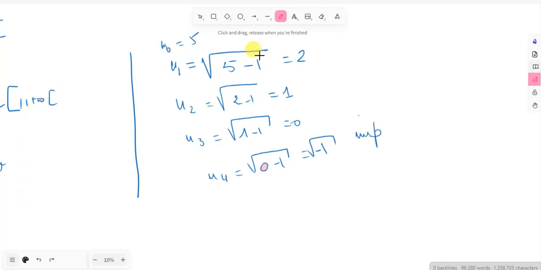So the result is because u0 belongs to a domain that is not mapped to itself.